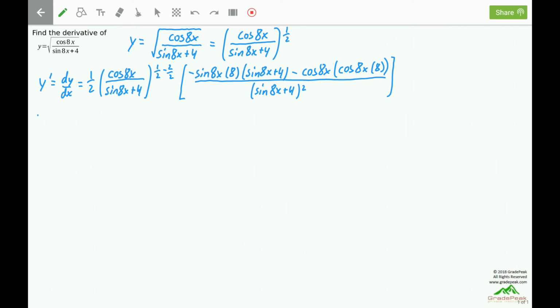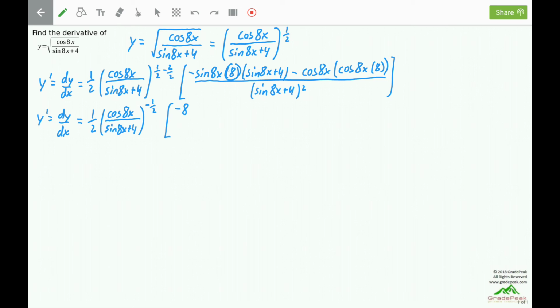Okay, so y prime, or dy dx, equals 1/2. We have the cosine of 8x over the sine of 8x plus 4 to the 1 minus 2, negative 1/2 power. I'll put the 8 out front.